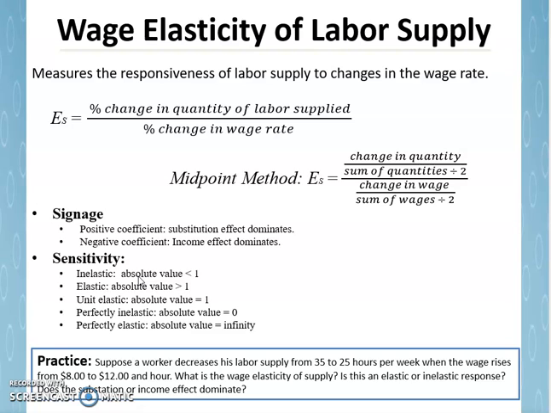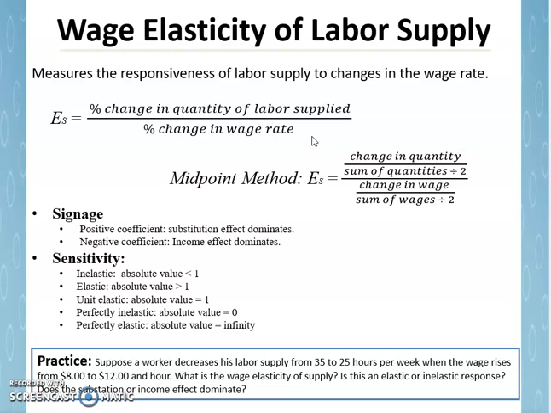You might be thinking, well, that seems odd because, yes, wages went from 8 to 12, but this person cut their work week from 35 to 25 hours. It seems like that's pretty responsive, but remember, it's all about percentages. So what happened here is that the percentage change in quantity of labor supply went down by 33%. But the percentage change in wage rate went up by 40%.